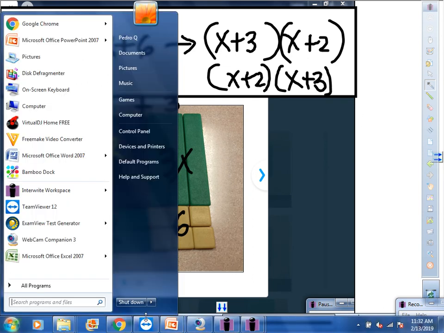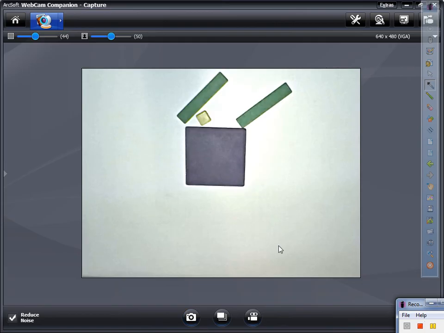No, just factor it. Let me tell you what I have. There it is. Let's go. No, not that figure. You're going to make a square or a rectangle, right? Let's go.